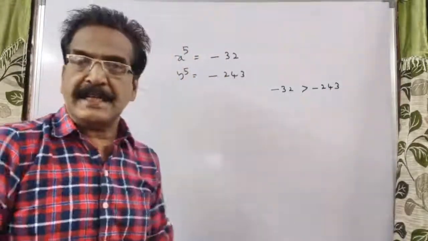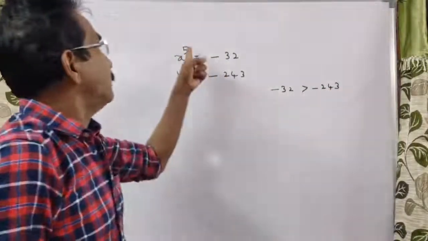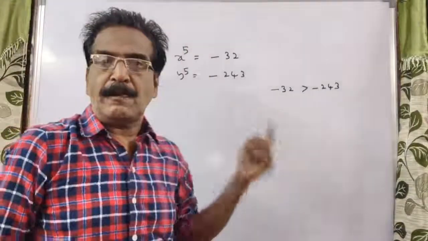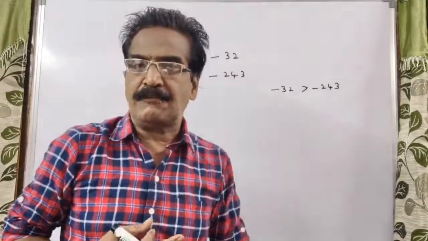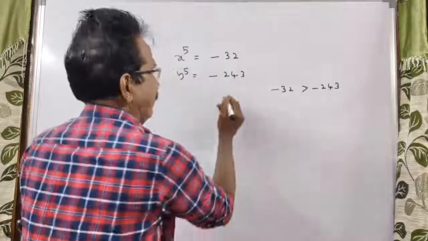Minus 32 greater than minus 243. x power 5 greater than y power 5. x power 5 greater than y power 5 implies x greater than y.